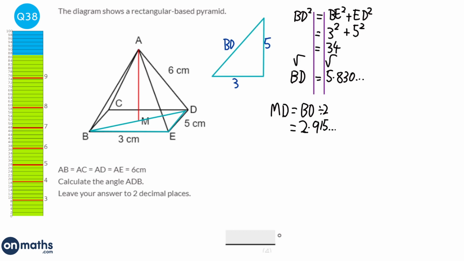Now the next right angle triangle we want to draw is this one. I'm going to pick a different colour because that's a bit too similar. Let's go for a purple. So we're looking at this triangle here. Let's draw that one out.